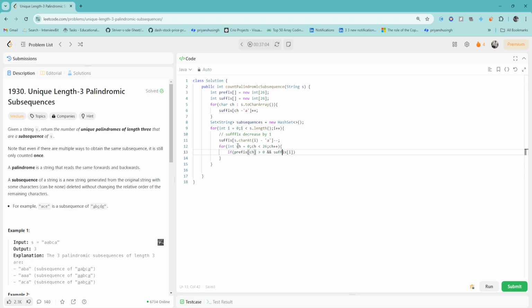If the prefix of this particular character is greater than 0 and the suffix of this particular character is greater than 0, then we'll make a string that is a particular subsequence: a character, plus ch, plus our particular character at this index, s dot char at I, plus char of a plus h.